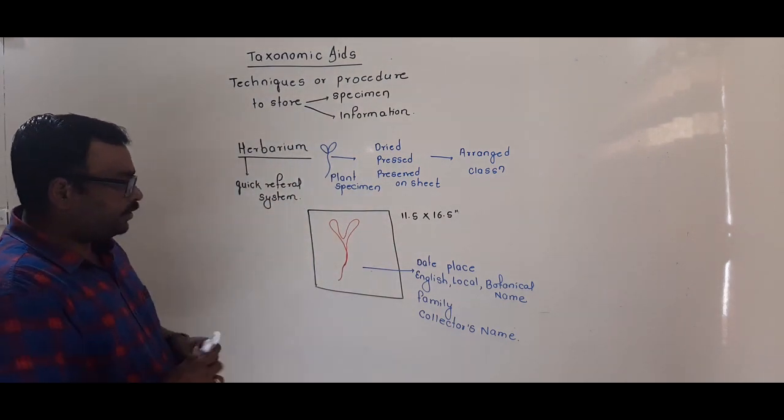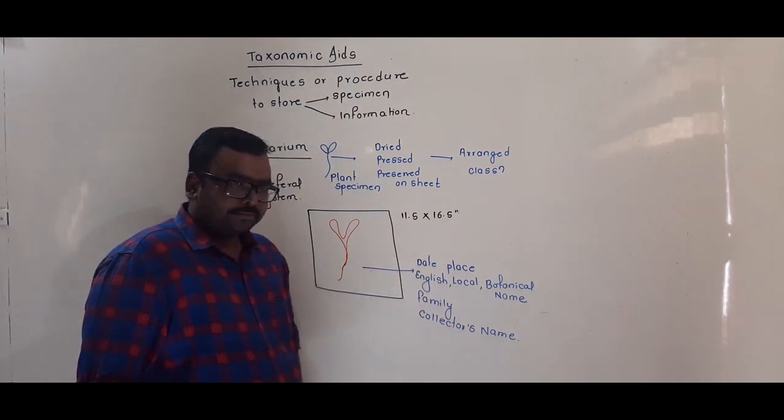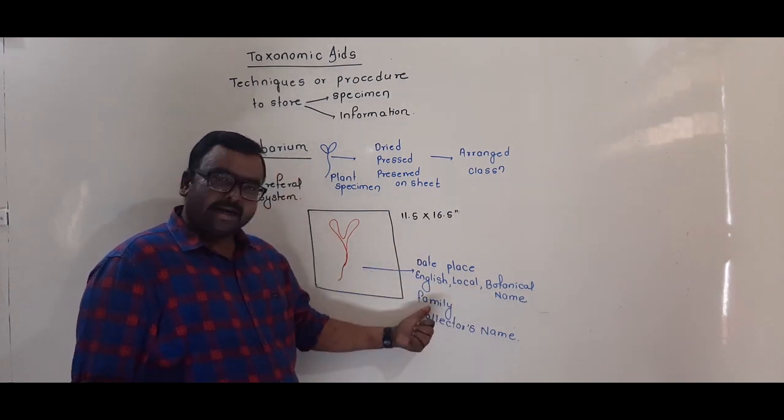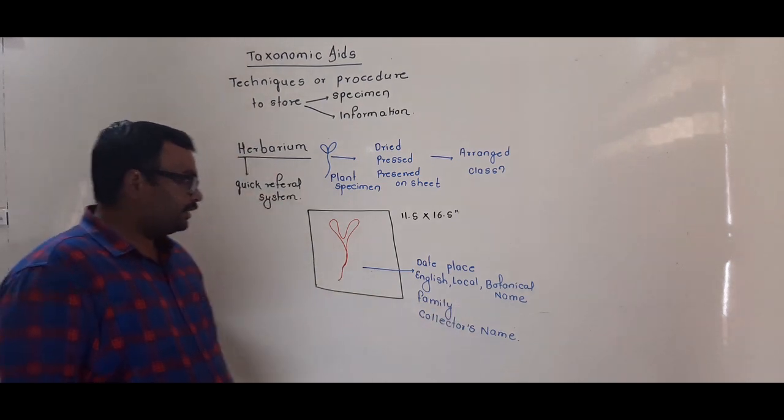Then the family of that plant is mentioned, which family this plant belongs to. And the last thing mentioned is the collector's name, that means who has collected this sample. So a herbarium sheet consists of the date and place of collection, its English, local and botanical name, along with the plant's family and the collector's name.